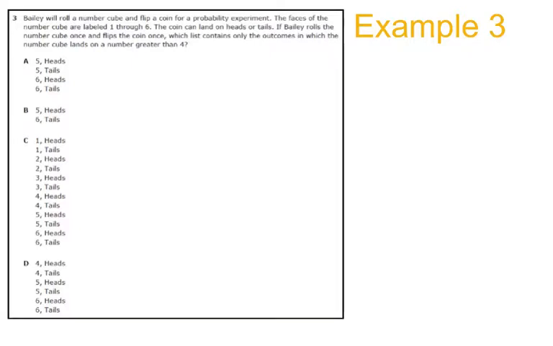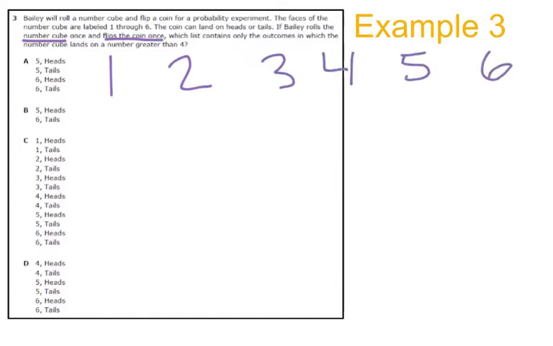So if we're looking here, we have rolling a cube and flipping a coin. All right, let's do the cube first. They already told us that we're going to roll our cube. We can get 1, 2, 3, 4, 5, or 6 as our options, right? We have 6 sides.